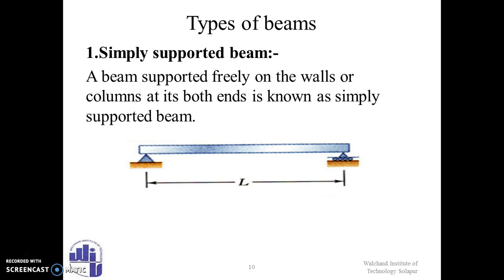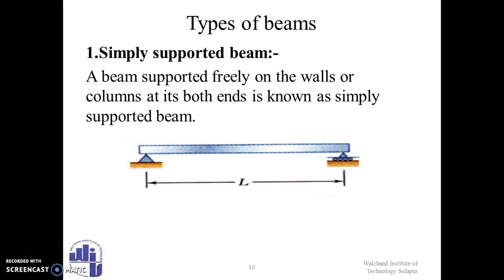Now, we discuss regarding types of beams. This is first type of beam, simply supported beam. Why we call it simply supported beam?